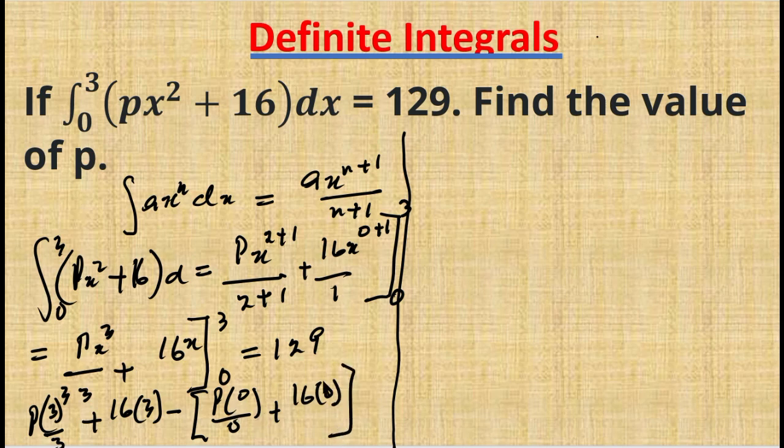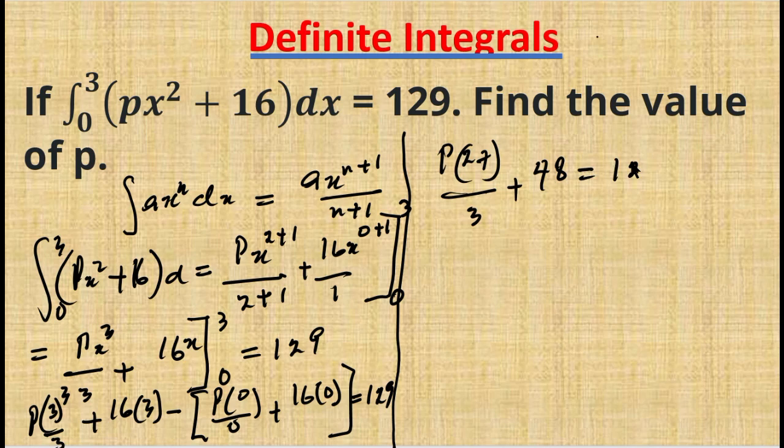Obviously, p times 0 is 0 and 16 times 0 is 0. 0 plus 0 is 0. So I'll be left with, now don't let's forget that this is equal to 129. So I'll be left with p now into 27 over 3 plus 48 equals 129.